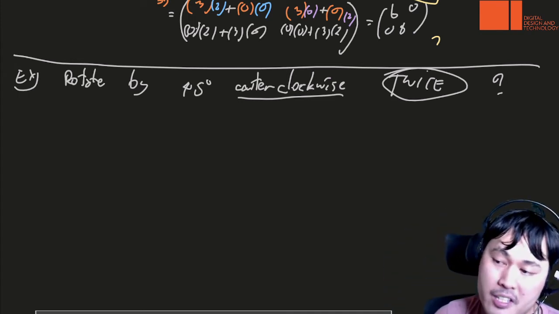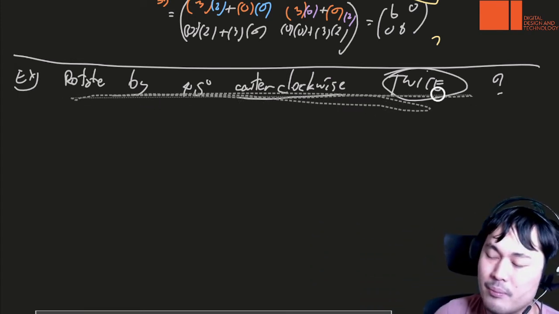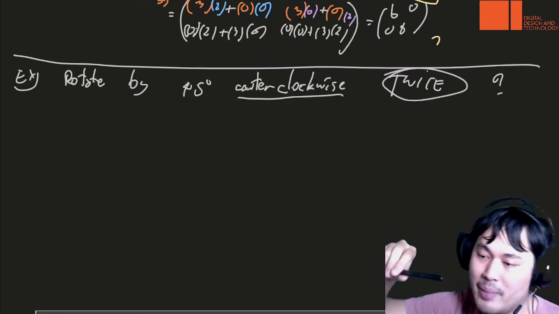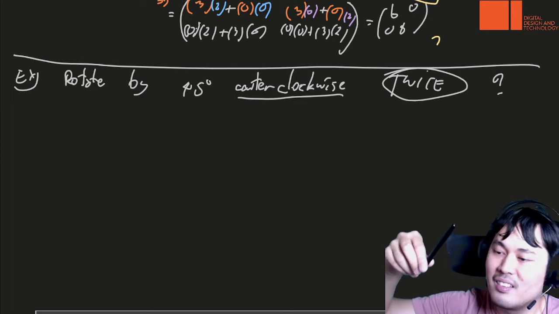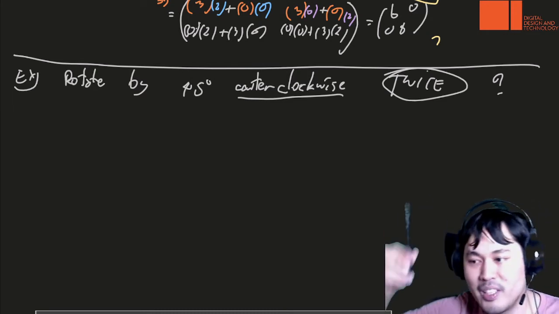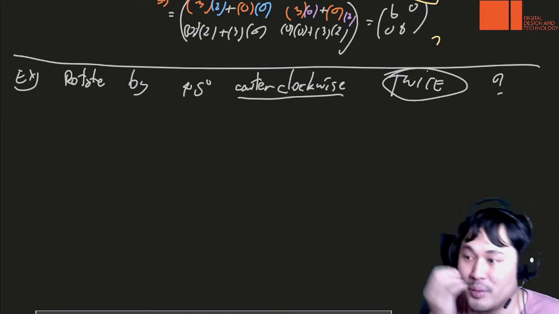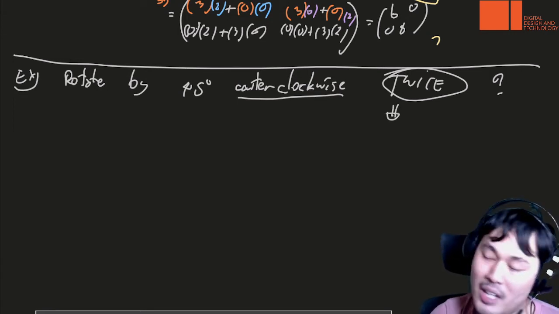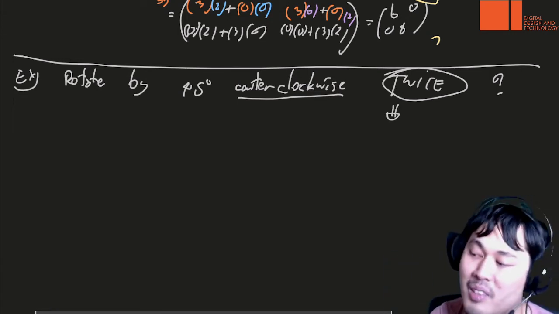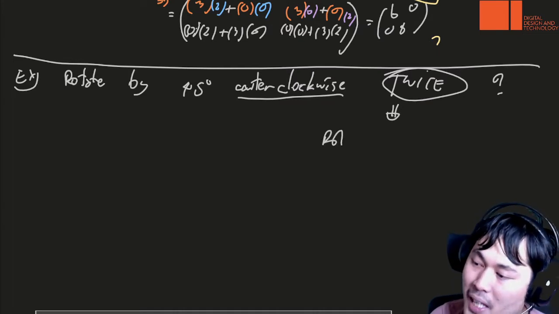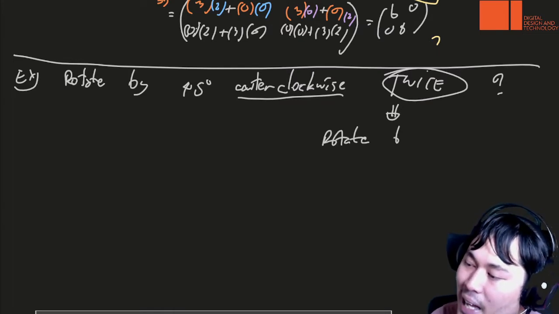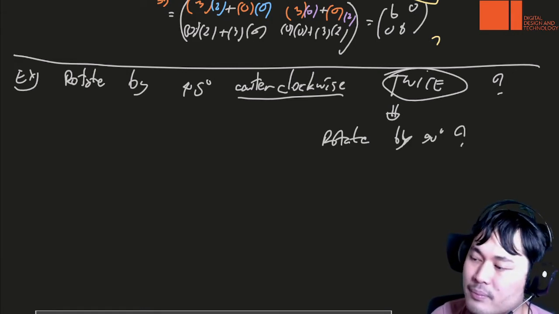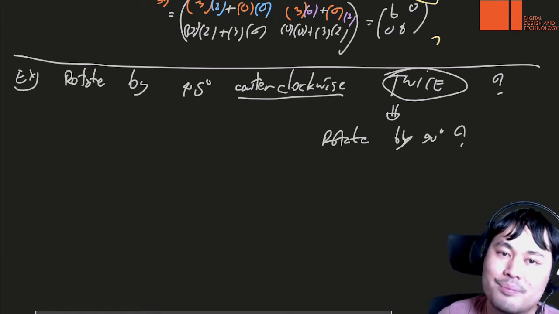So here we have a rotation by 45 degrees. You can imagine you have a pen in your hand, you rotate the pen by 45 degrees, and you do it one more time. What would the result be? Of course, if you have to explain it verbally, then that should be the same as rotating by 90 degrees, right?